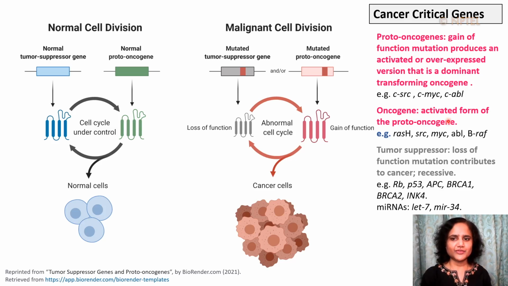Examples of this are also many. A few are mentioned here: for example, retinoblastoma or RB, P53, APC, BRCA1, BRCA2, INK4, etc. And there are also microRNAs that can function as tumor suppressors, and some examples are the let-7 microRNA and the MIR34 microRNA.